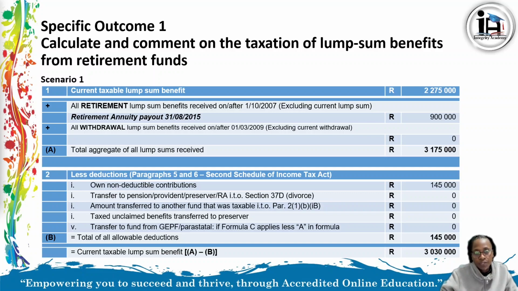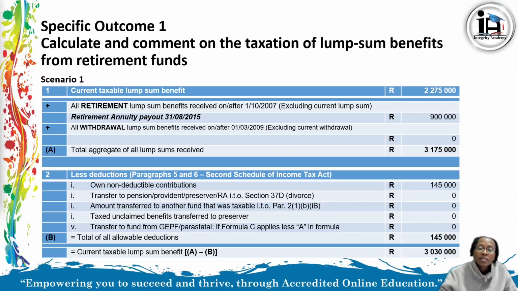To that, we add all retirement lump sum benefits received on or after 1st of October 2007, which is the retirement annuity payout on the 31st of August 2015 of 900,000. To that, we also add withdrawal lump sum benefits received on or after 1st of March 2009, which we don't have. So our total aggregate of all lump sums received is 3,175,000, which is our A total.